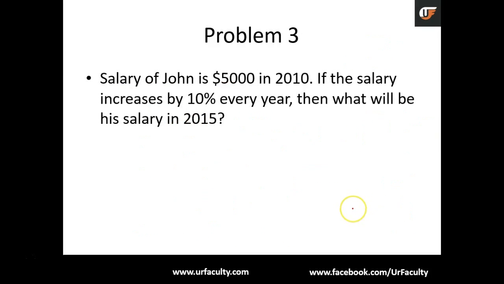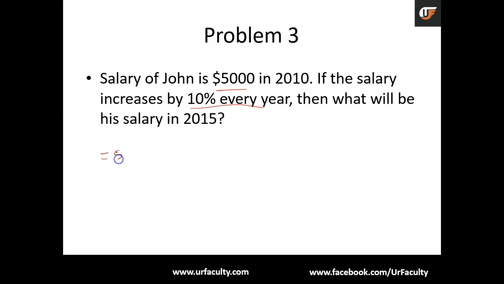Moving on, this is a problem we have anyway tried to do earlier also in a bank example. So I'll try to quickly do it so that you understand how it is applied in a particular problem. Salary of John is $5,000 in 2010, and if salary increases 10% every year, then what will be his salary in 2015? So what are the steps?